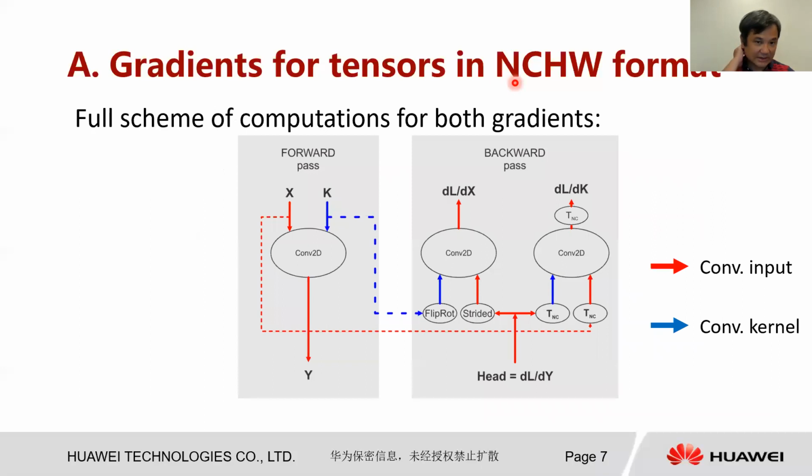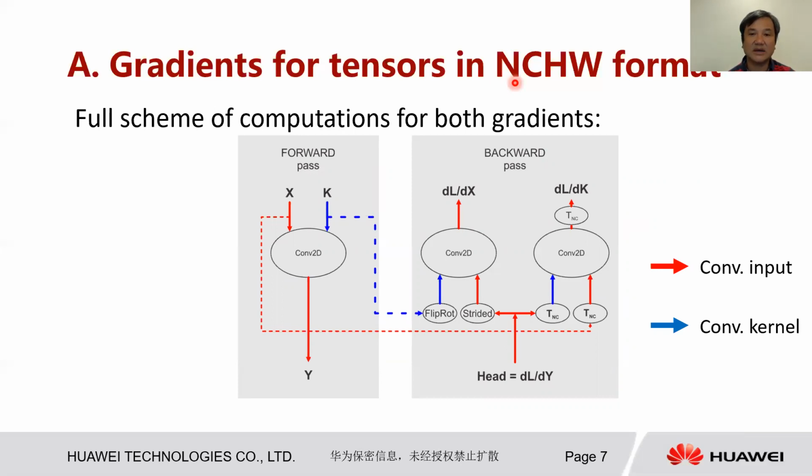So this computation scheme can be presented in the figure that we see here. On the left is the forward pass, and on the right we have the 2 kernels of the backward pass. Of the 3 convolution operators used, we denote the input channel using the red color and the kernel, or weight, channel using the blue color.